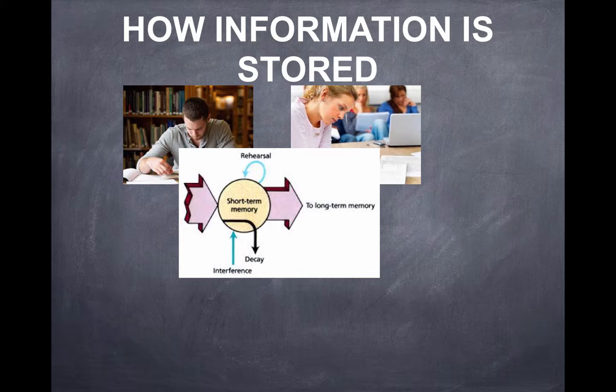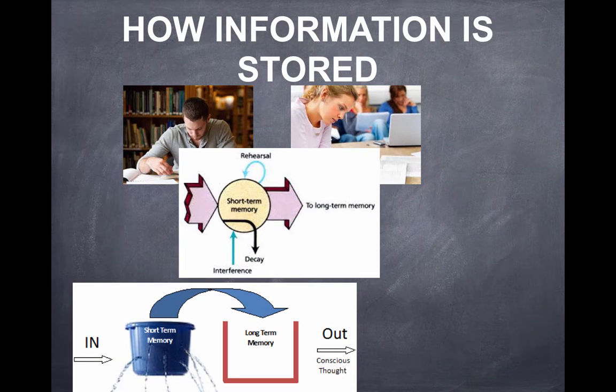We want to take any meaningful information from short-term memory into long-term memory, because short-term memory is just that, short, and if we rehearse it, chunk it correctly, and organize our information, we can put it into long-term memory so it can be later retrieved.